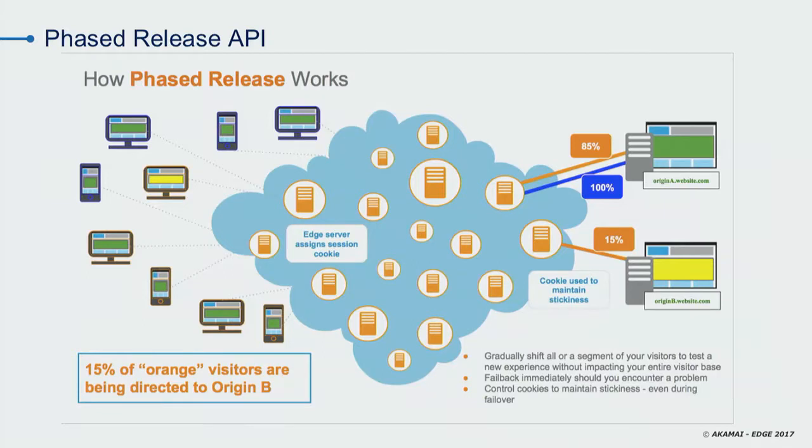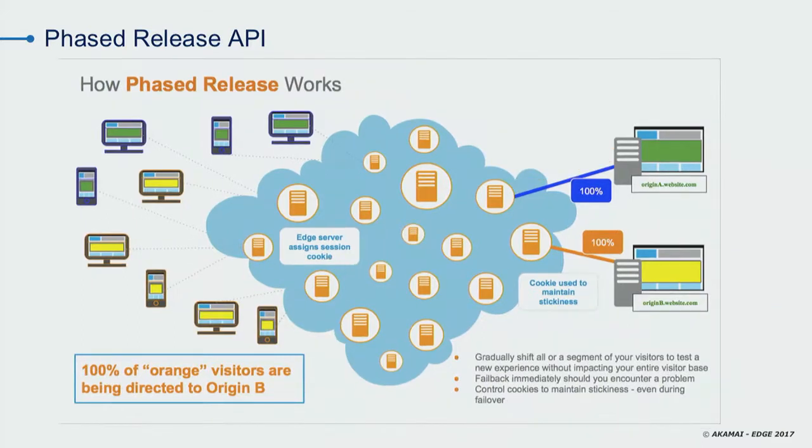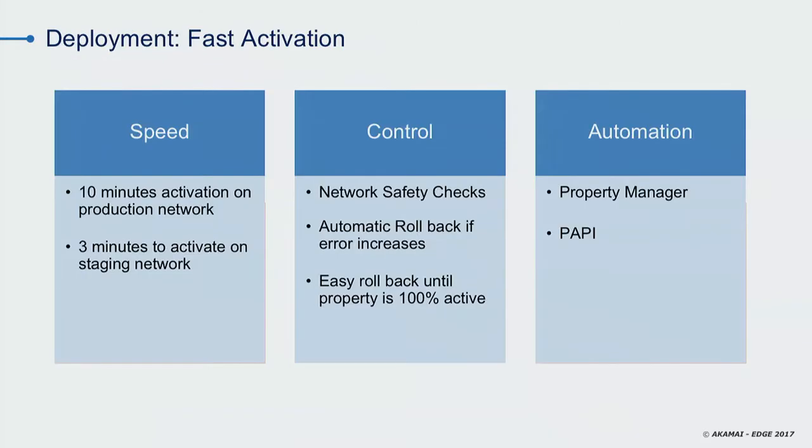If everything goes well, I add more traffic to it. Now it's 60%, and eventually it's 100%. After that, you can choose to retire the Cloudlet, or you can use it again for the next release. So this is the phased release Cloudlet. You can take a look.